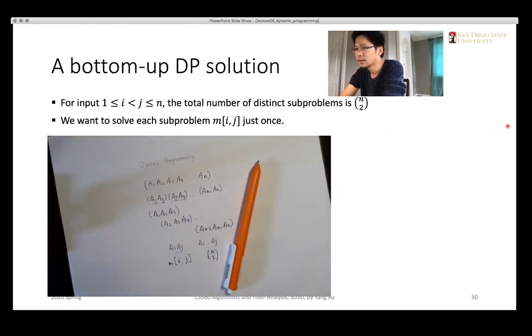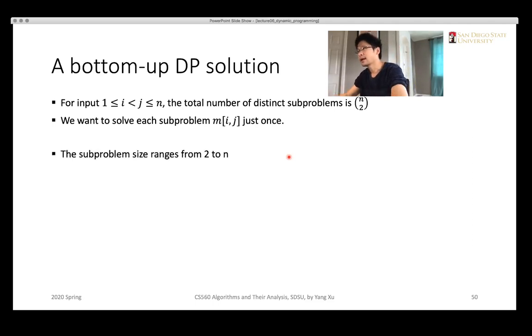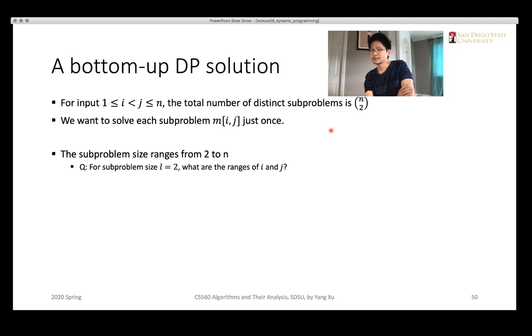All right, now let's look at the next point. That tells us one thing: the size of a subproblem ranges from 2 to n. The smallest subproblem has two matrices, and the largest subproblem has n matrices. So we can think about an interesting question.